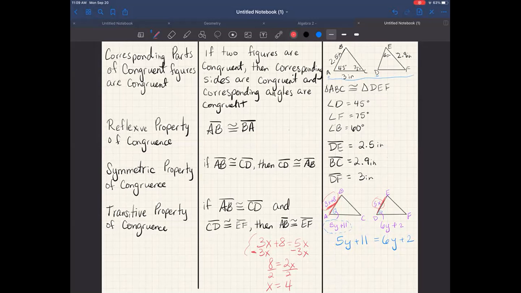So I'm going to move my 5y first. I need to change colors. So 6 minus 5 is just 1, so I can leave it at just y. I don't need to write 1y, it's kind of silly. Plus 2. Okay, now I move my 2 over. And y equals what?